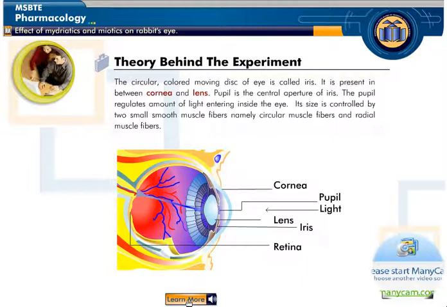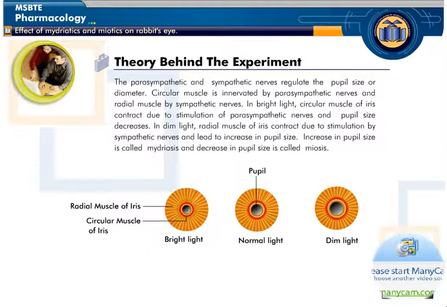Pupil size is regulated by the parasympathetic reflex through circular muscle fibers and the sympathetic reflex through radial muscle fibers. The parasympathetic and sympathetic nerves regulate the pupil size or diameter. Circular muscle is innervated by parasympathetic nerves and radial muscle by sympathetic nerves.